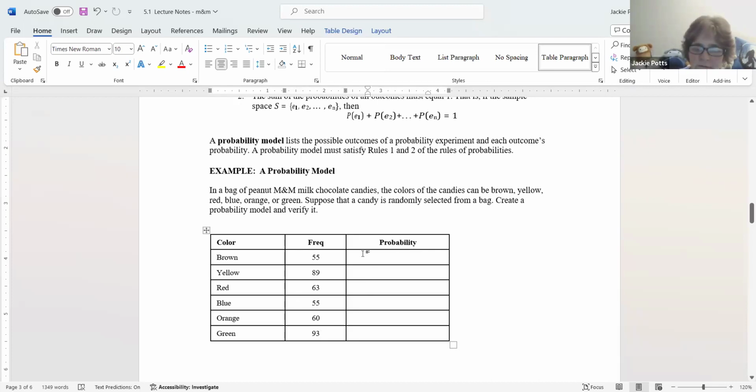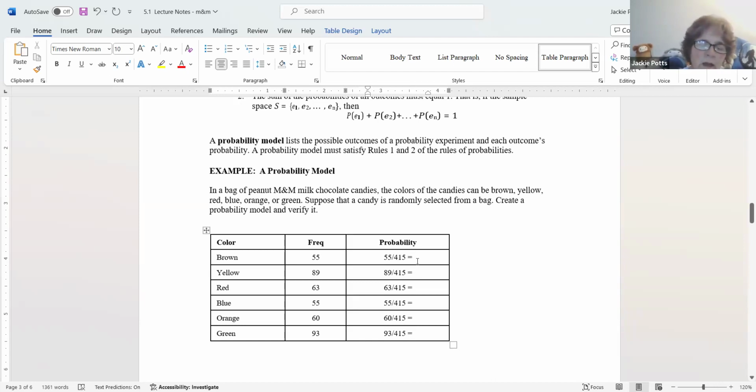So we're going to take each one and divide each piece: 63 divided by 415, 55 divided by 415, 60 divided by 415, and 93 divided by 415. All right, I've got it all typed now. Handy dandy calculator time.